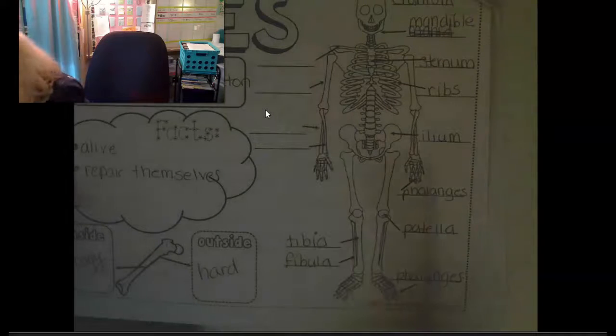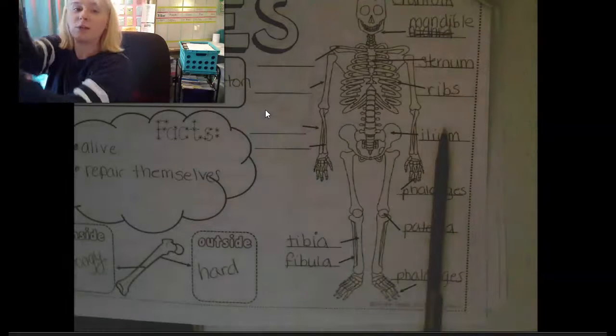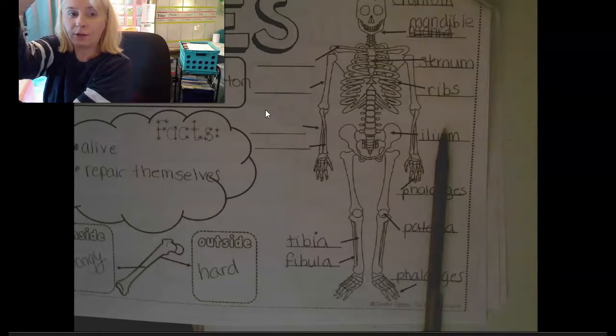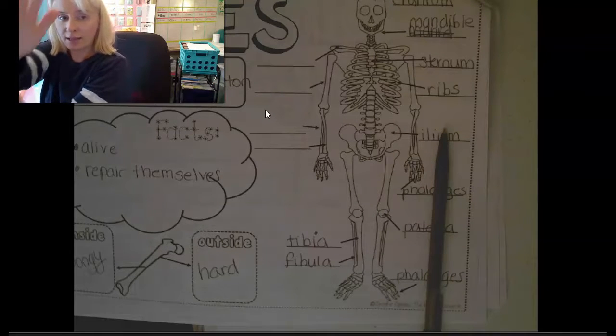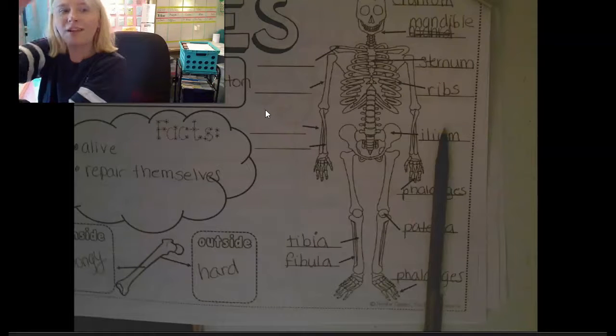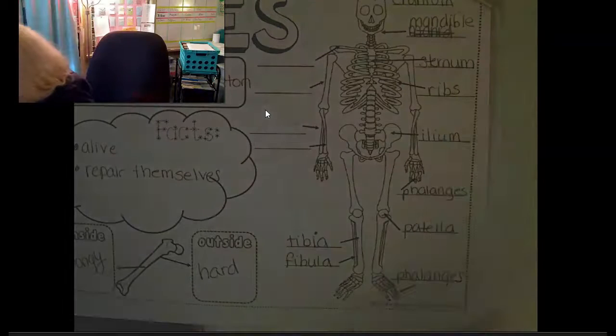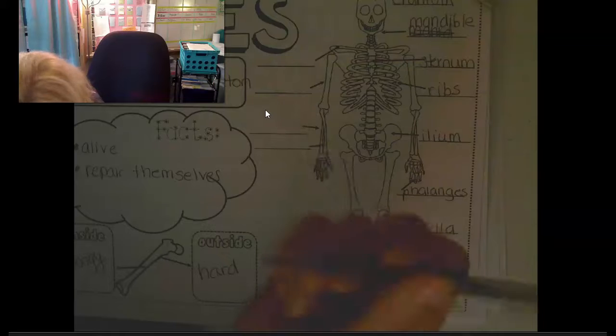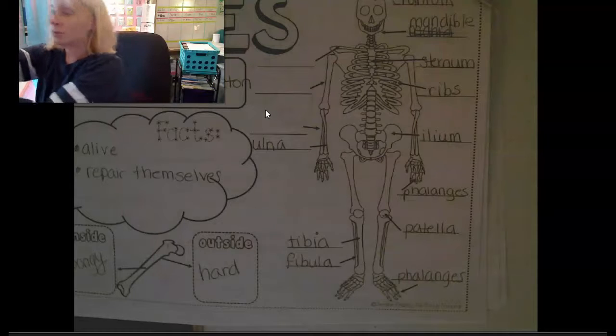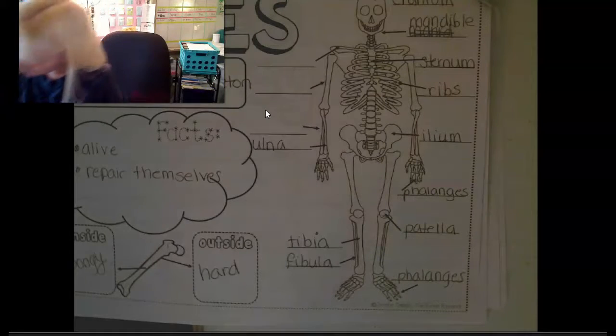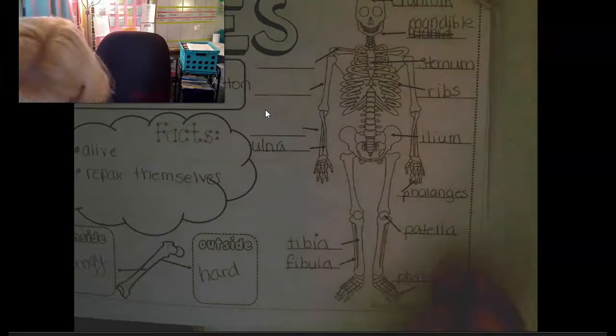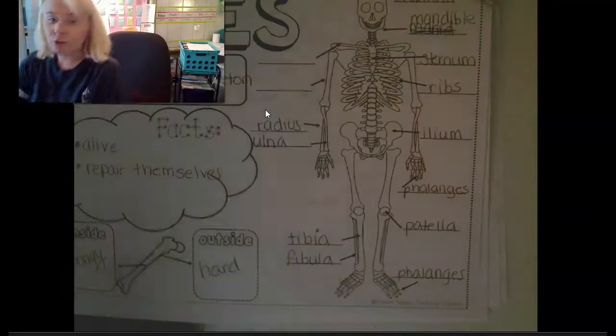And the one that's above it is pointing to the bone that's running down the pinky finger, or the outside of the arm. So we have the ulna, which is the inner bone of our lower arm. And then we have the radius, which is the outer bone of our arm.